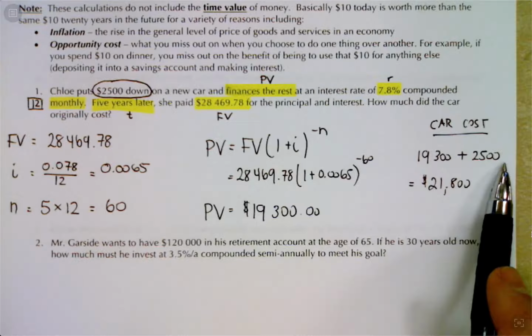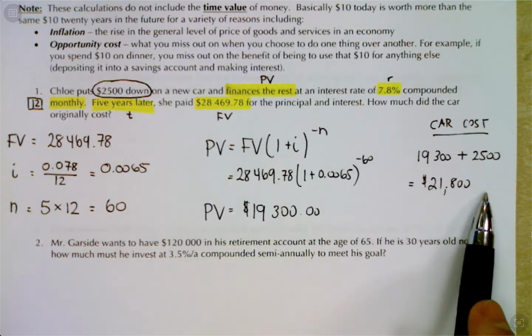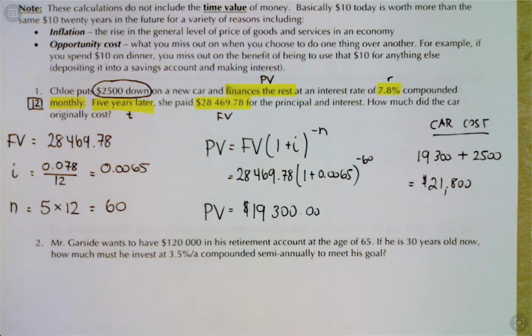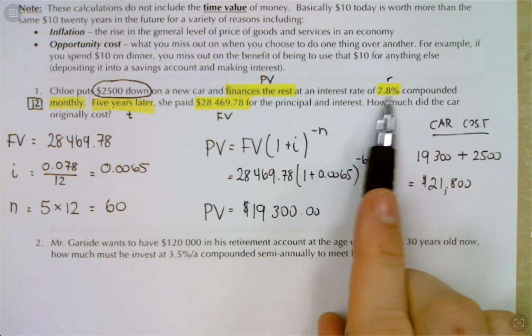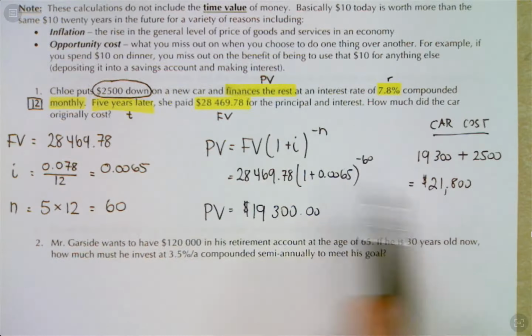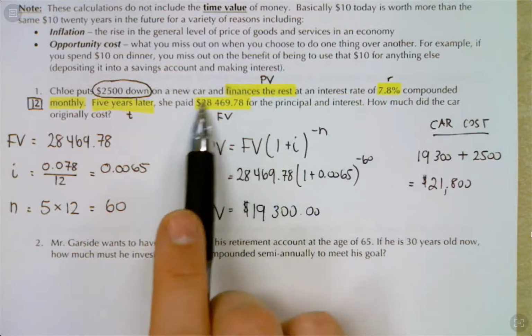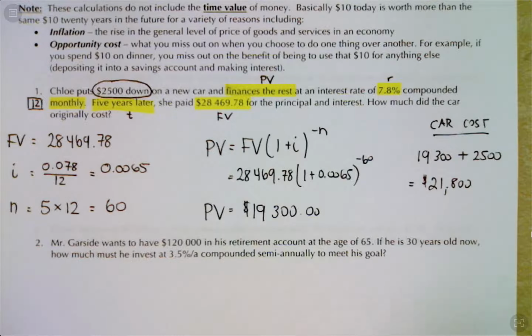It's almost $31,000. That's like $10,000 more than the car was worth. That's why when you borrow money to finance a car, you end up paying a lot back. Your goal when borrowing money is to try to get something with a really, really small interest rate so that you don't have to pay extra money, because that car, being only worth $21,800, paid in almost $31,000. It's a lot of money.